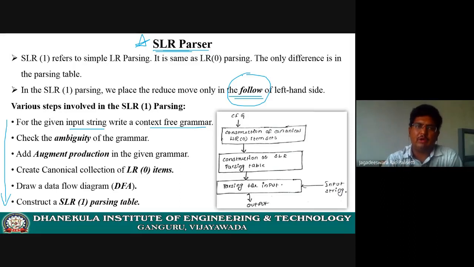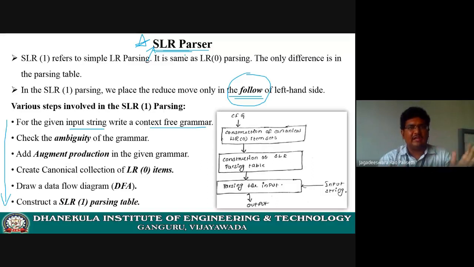Up to now, understand SLR as simple LR parsing technique. The objective or intention of SLR is the same. Again, it is a bottom-up approach. Make sure that it is a bottom-up approach. The input it considers is the user-given input string.